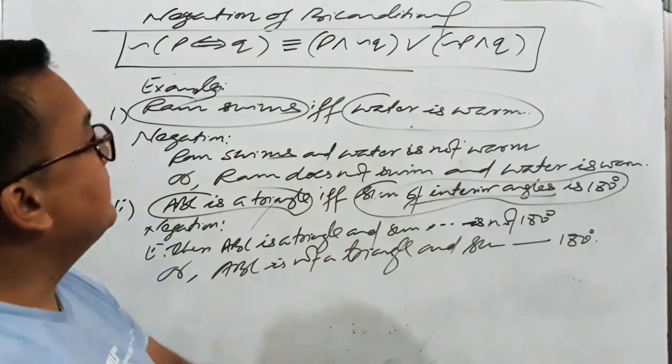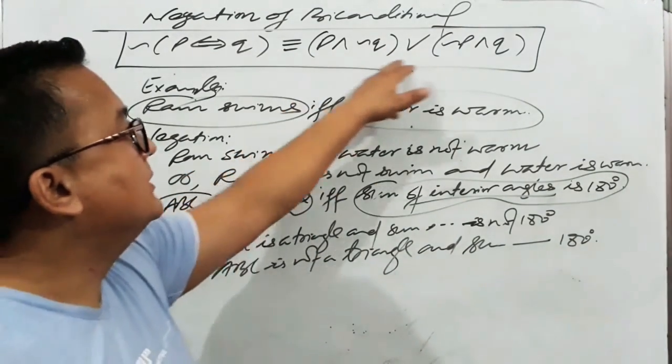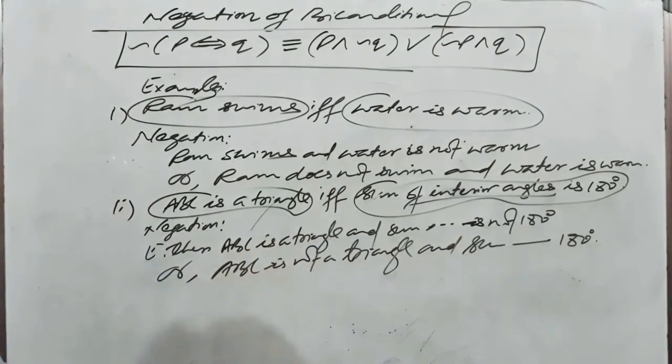So use this one. First select P and Q, and then follow this formula. So easily you may write it down.